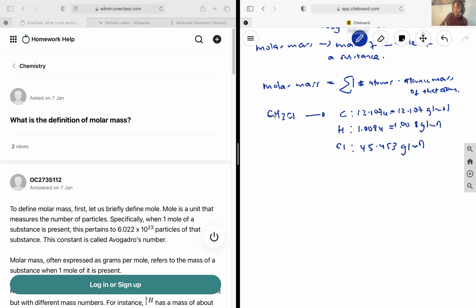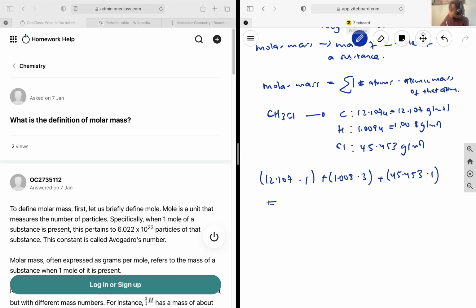Using what we know about molar mass, we can find that the molar mass of CH3Cl is going to be 12.107 times 1, so for the carbon, we have 1 carbon and each is 12.107 grams, plus 1.008 multiplied by 3, so 3 hydrogens and each one is 1.008 grams per mole, plus 45.453 times 1, so 1 chlorine and each is 45.453.